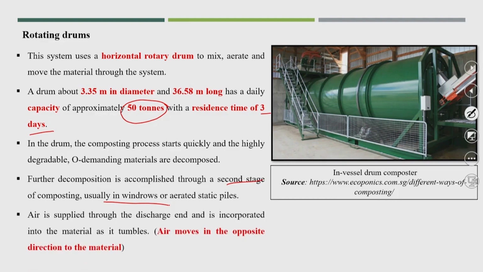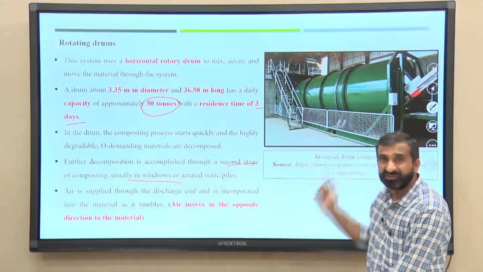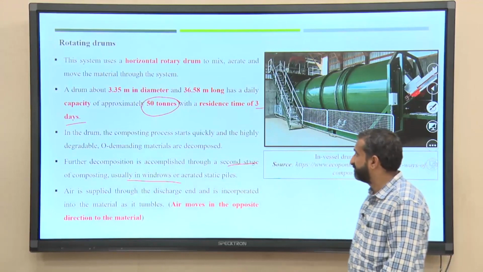Air is supplied through a discharge and is incorporated into the material as it is tumbled, okay, once it turns. So, air moves in the opposite direction to the material. From the back side, air is discharged into the reactor.